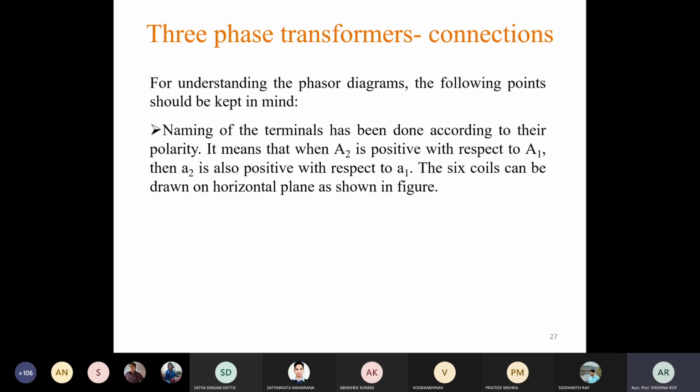That means if we consider the A2 terminal as positive with respect to capital A1, then the small a2 terminal will have the same polarity, that means positive with respect to small a1. That means if A2 is marked dotted, then small a2 will be marked dotted. See the previous diagram.